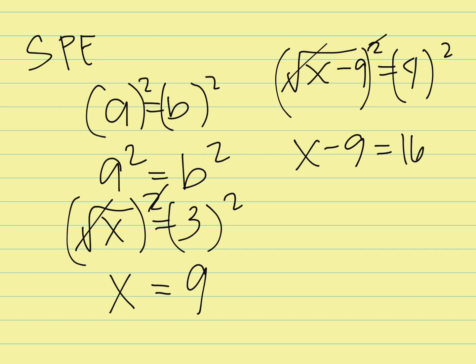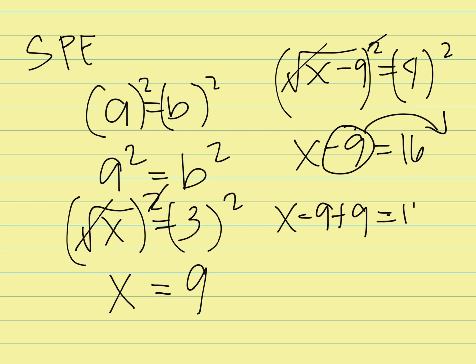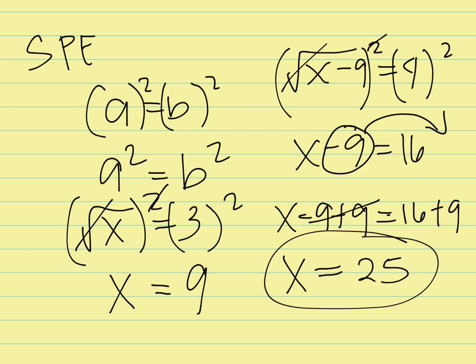Next, after that, we need to transfer this to the other side. So how? Using the addition property of equality. So x minus 9 plus 9 equals 16 plus 9. So cancel this one. x equals 16 plus 9. So we have 25.